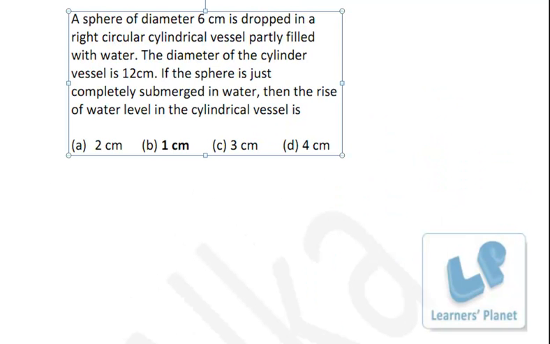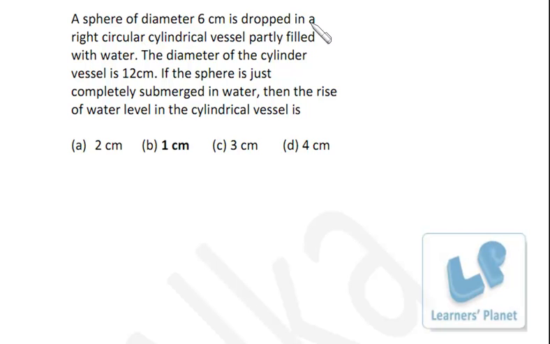See this problem. A sphere of diameter 6 centimeter is dropped in a right circular cylindrical vessel partly filled with water. The diameter of the cylindrical vessel is 12 centimeter. If the sphere is just completely submerged in water, then what is the rise of water level in the cylindrical vessel?